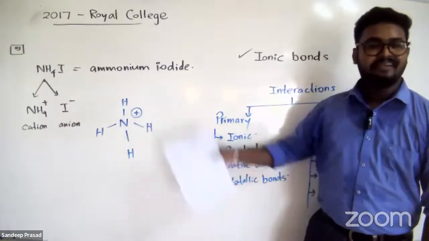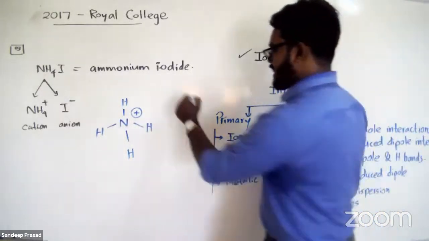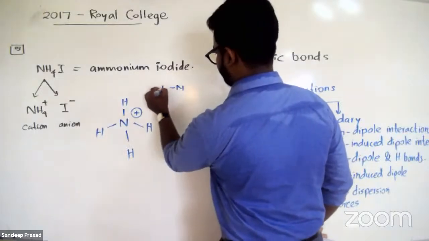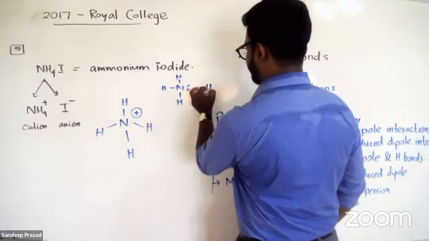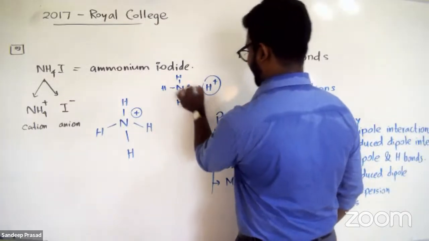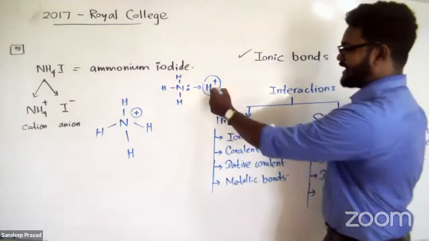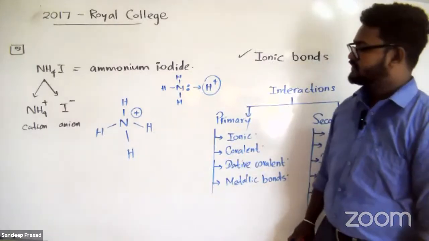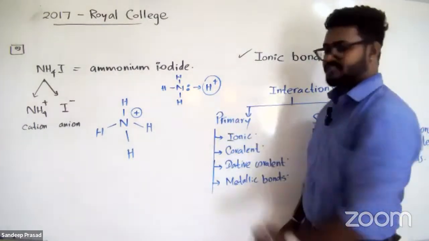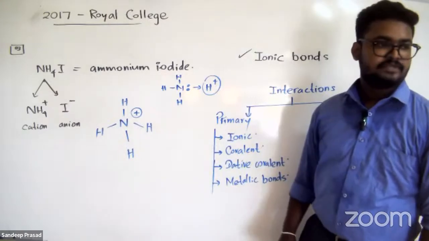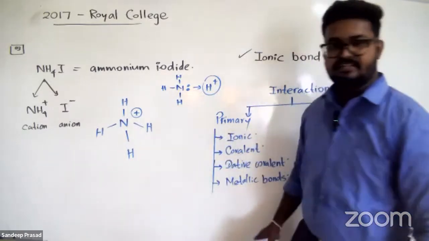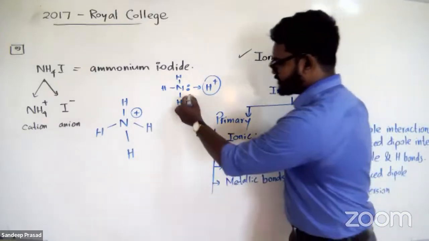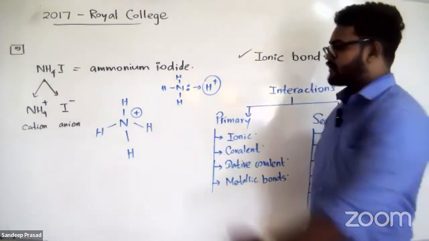Ammonia is giving a lone pair to the H plus cation. H plus is an electron deficient species, containing zero electrons, so ammonia gives electrons to H plus, forming a dative covalent bond.